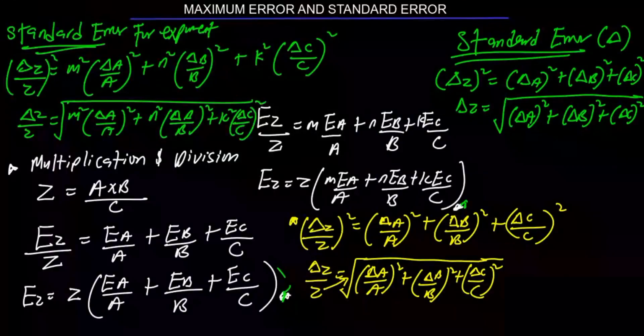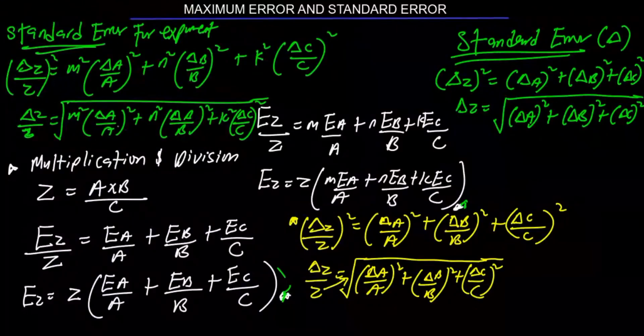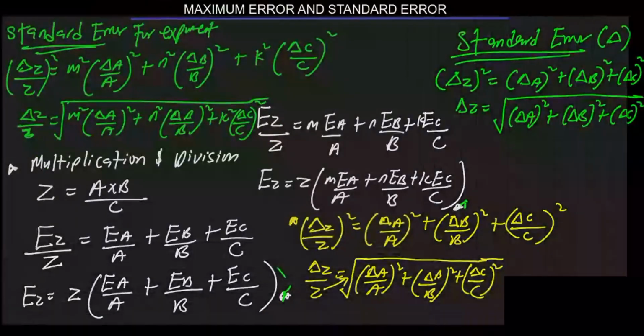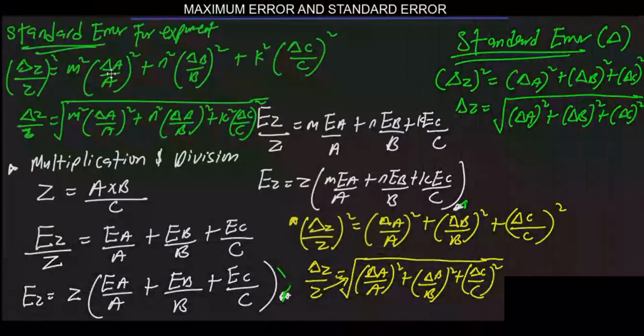And that does it. Then maybe if you are looking for delta Z, you can now multiply, but you can just leave everything this way. So this is how to write the standard error and the maximum error formula. Very, very simple. Now, jot all this down and let's see how we can apply this in a question.